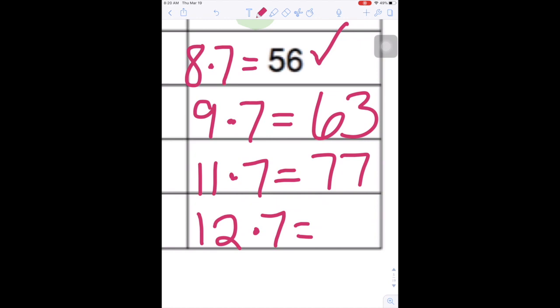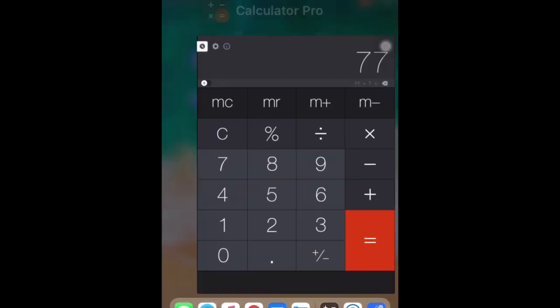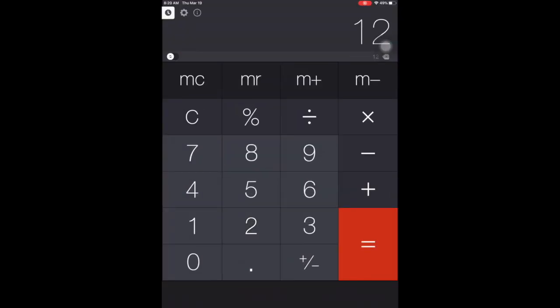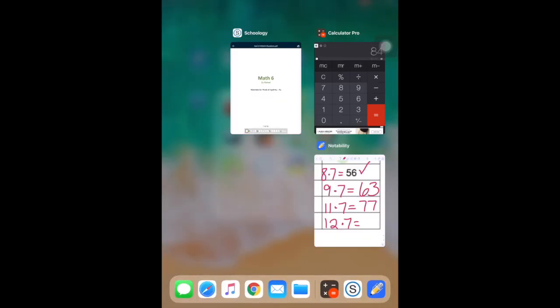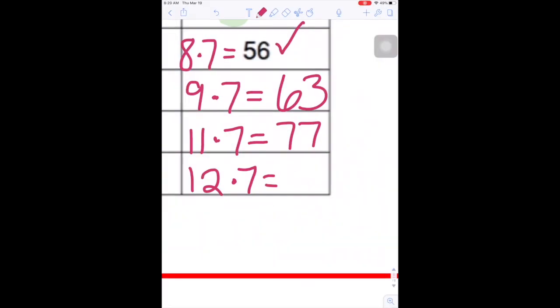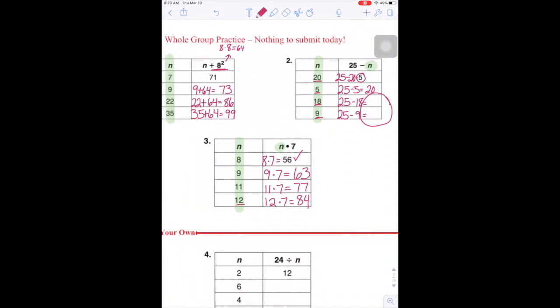And my last one is 12 times 7, which is 84.